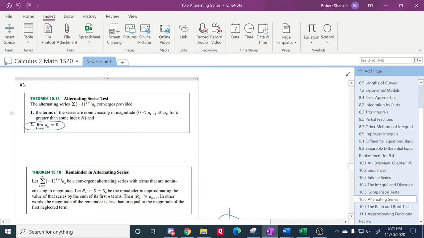The alternating series test, if the absolute value is converging, then it will converge absolutely. I think you're making the alternating series test more complicated than it is. It's really, really simple. With the alternating series test, really just focus on the second condition.